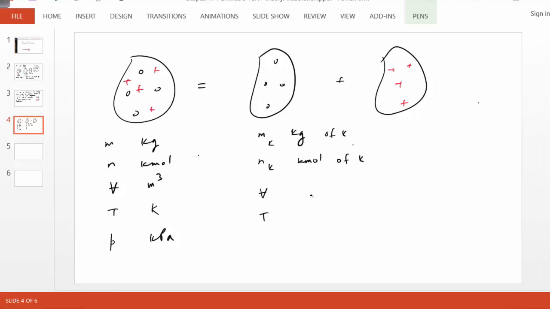Temperature is the same for each component. However, the pressure is different for each component. So everything else is same. So this will have m_k, n_k, and p_k. So as you superpose these two simple pure gases, we get the mixture.